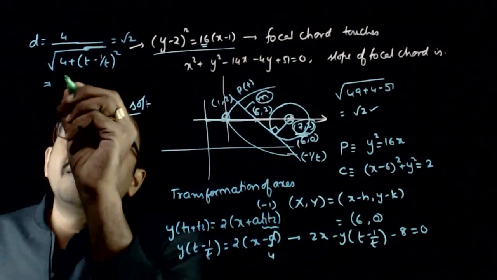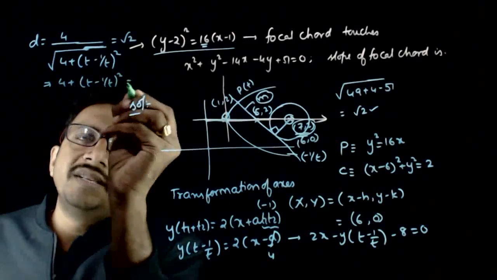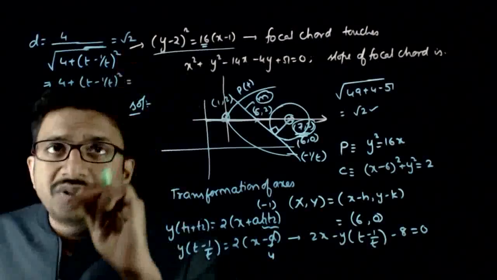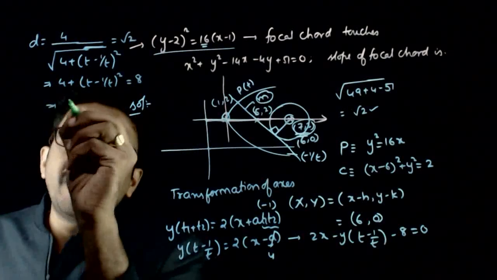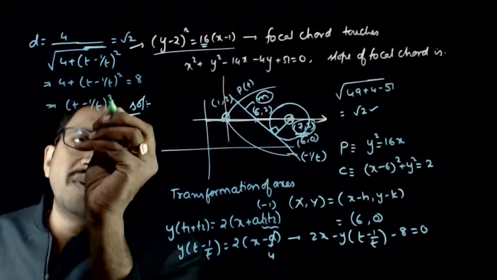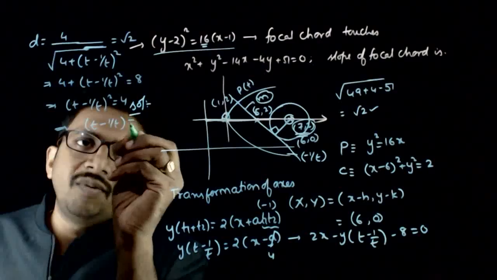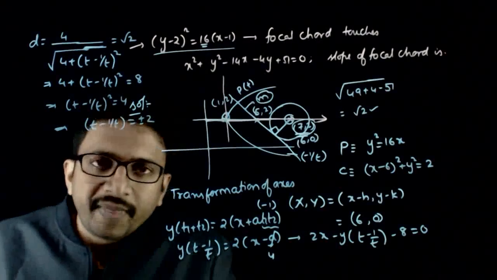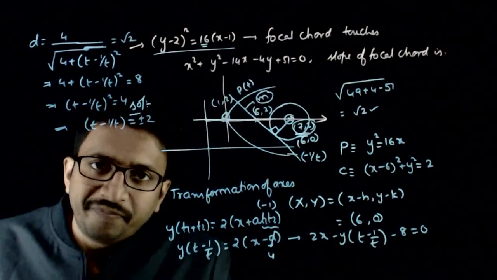If I square both sides, 4 + (t − 1/t)² = 16/2 = 8. This implies (t − 1/t)² = 4, so t − 1/t = ±2.